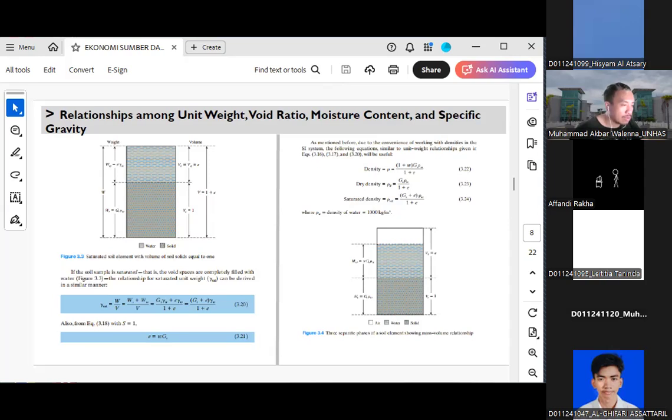The next one is pretty much similar to the previous slide, so I'm not going to repeat it again. It's just another way of arranging the formula so that we can calculate one of the parameters. There's probably no need to memorize this.